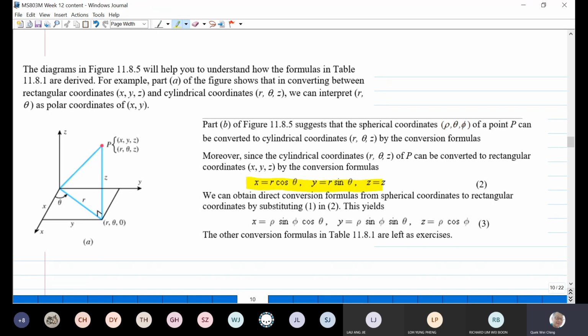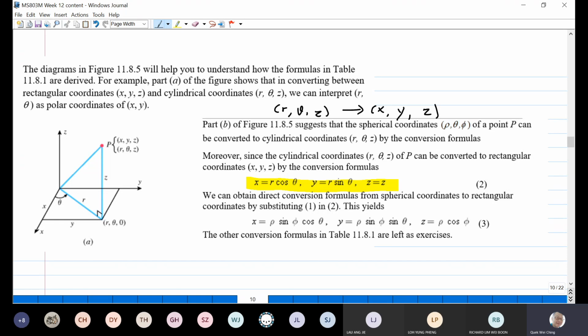We know how to convert r, theta, z into x, y, z. Basically, x equals r cosine theta, y equals r sine theta, and z is the same.